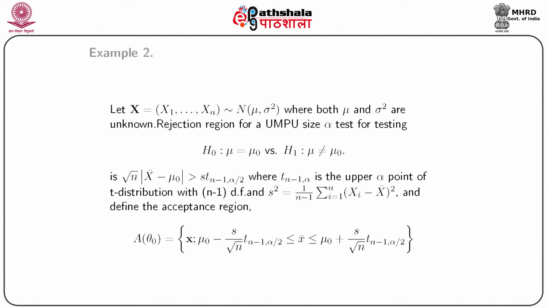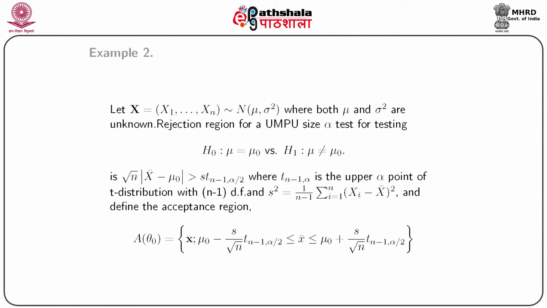Therefore s square equals 1 by n minus 1 summation over i from 1 to n of (xi minus x bar) square, and t(n minus 1, alpha) is the upper 100 alpha percent point of a t distribution with n minus 1 degrees of freedom.